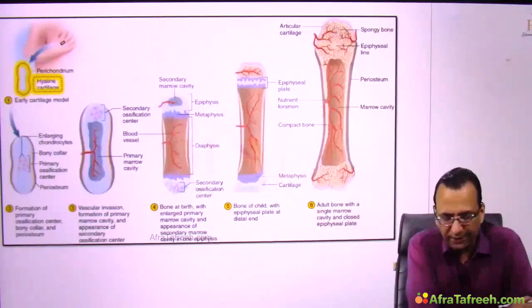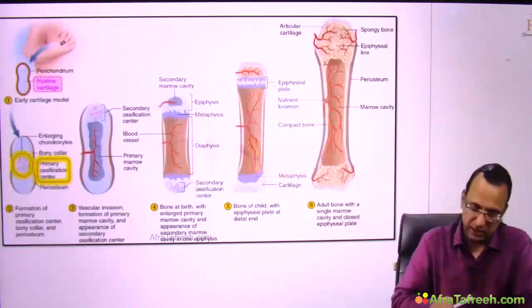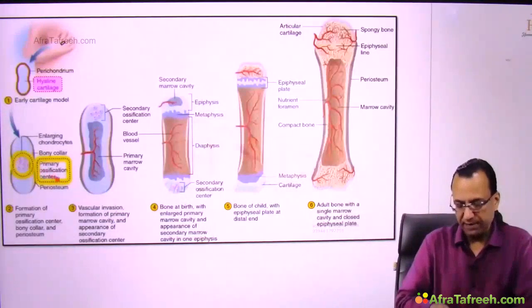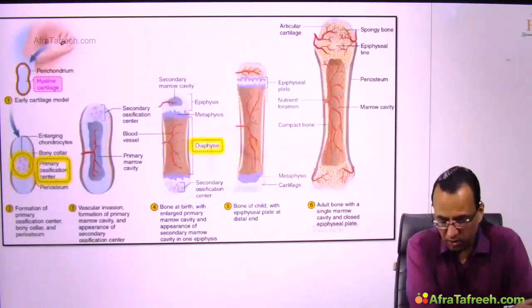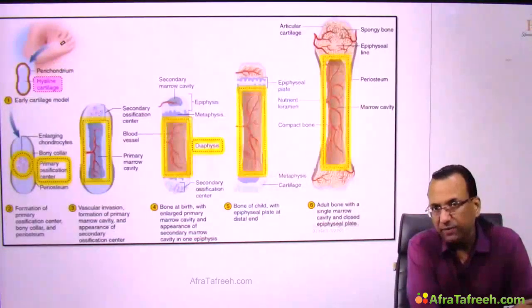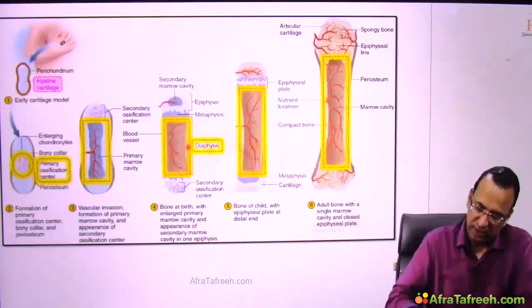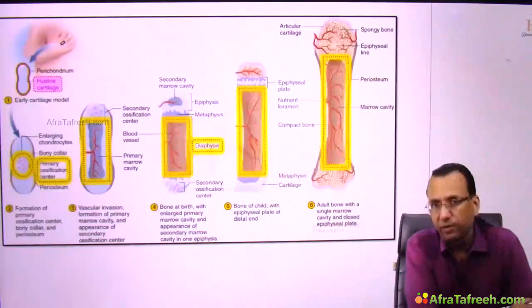So this hyaline cartilage model develops a primary center of ossification in the 6th to 8th week of intrauterine life, and that primary center of ossification is going to form the shaft of the bone, the diaphysis. The diaphysis or shaft of the bone comes from the primary center of ossification, which appears before birth.